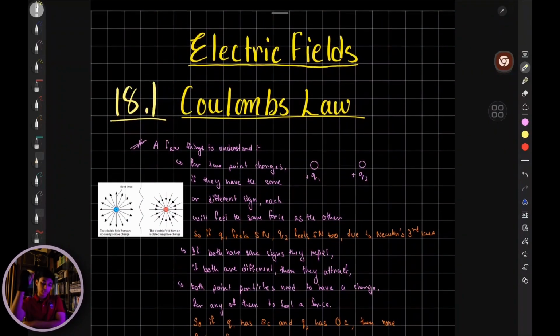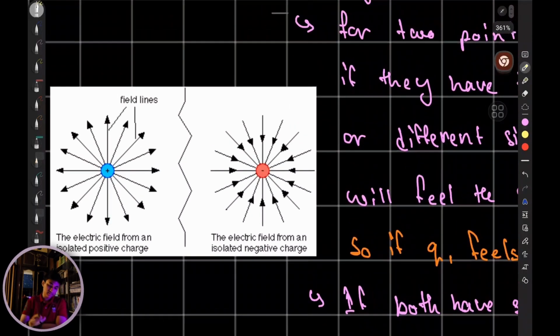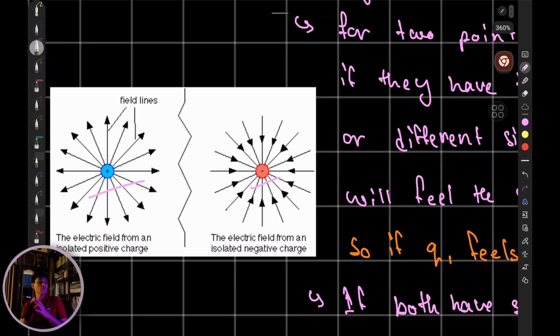Okay, so the basic things that we need to understand is when charges interact, let's say these two charges. Positive charge, a negative charge, right? If you put these two charges in each other's vicinity, what's going to happen? They're going to be attracted to each other.